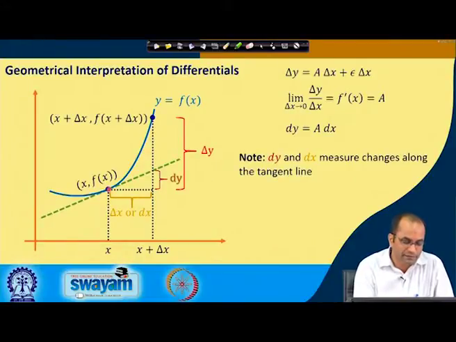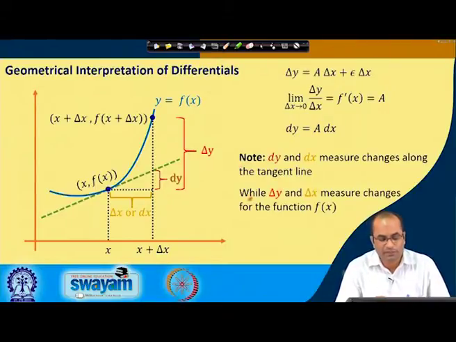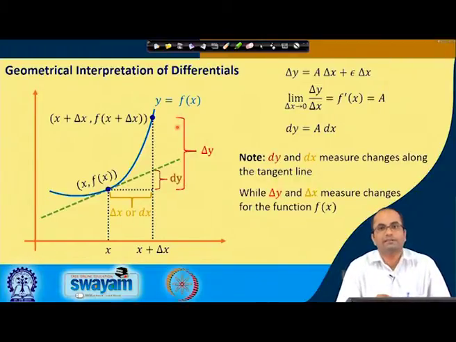We have made the change here by delta x, or we can call it dx, both are same, and here that is the change in the tangent line with dy. So, that is the notation here, dx and dy. On the other hand, delta y and delta x measure changes for the function f x. So, here when we make an increment delta x, then there was an increment delta y in the function y.